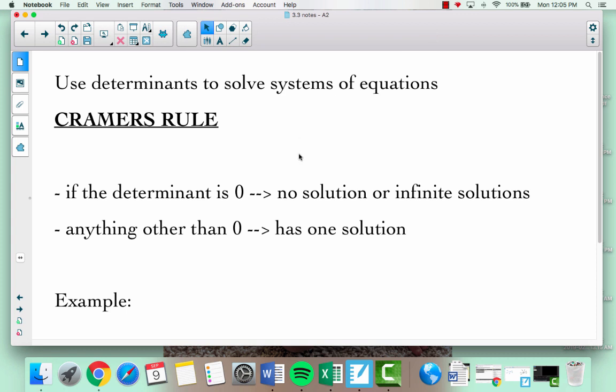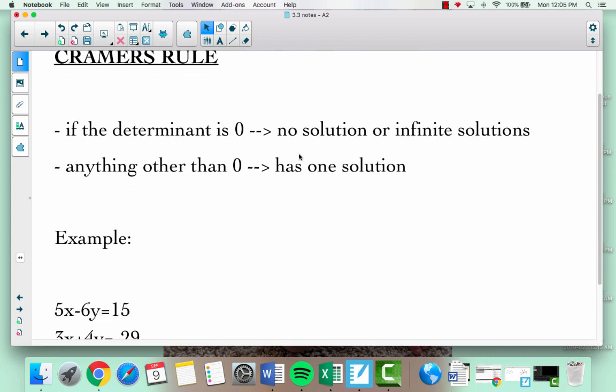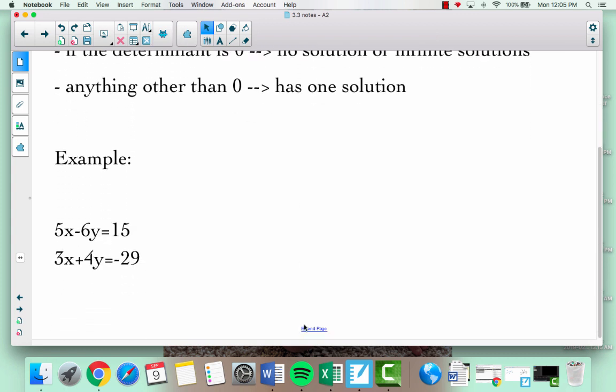So we're just going to jump into an example and show you what Cramer's rule looks like. And before we can actually implement the process, we have to see what it looks like originally. We've got 2 equations of lines here. Normally I would have told you either graph them or use substitution or elimination, and now we're going to be showing you using matrices. When we are going from equations to the matrix form, we want to make sure we write a matrix equation.